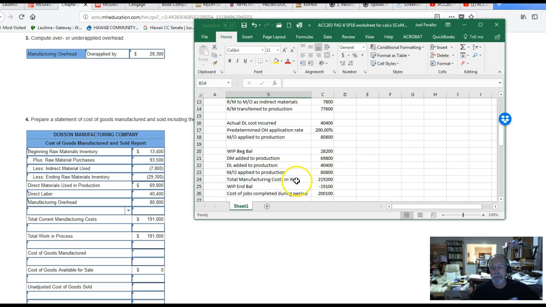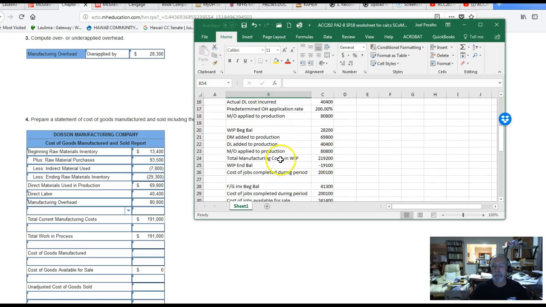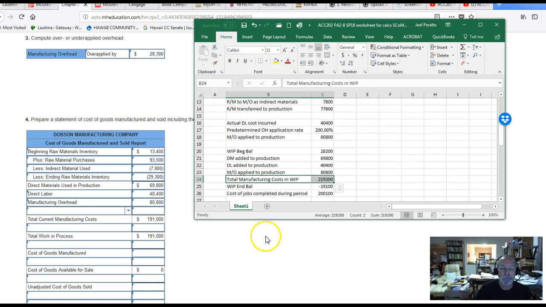Total manufacturing costs in work in progress. That's what I called it here. 219.2.